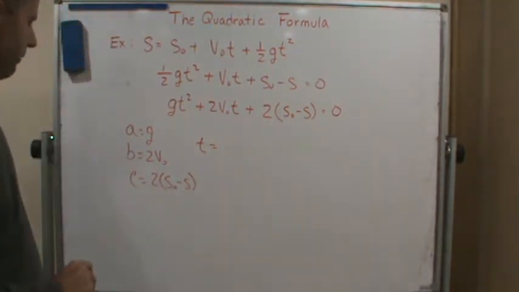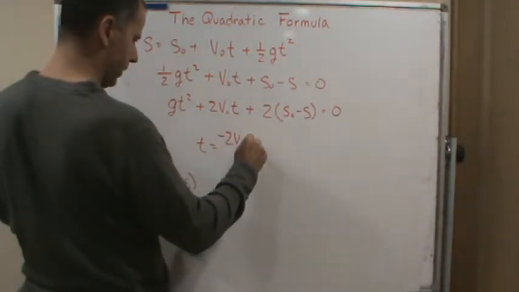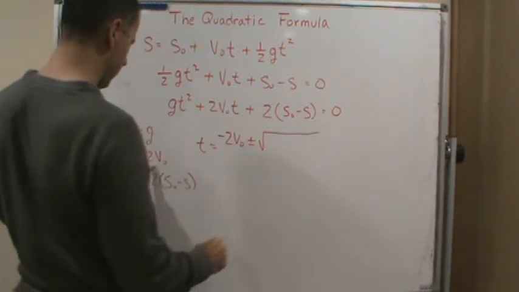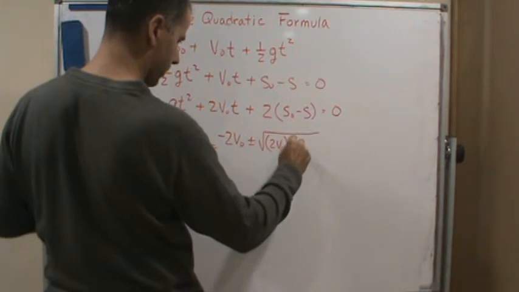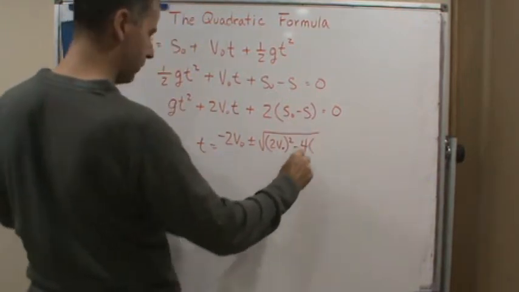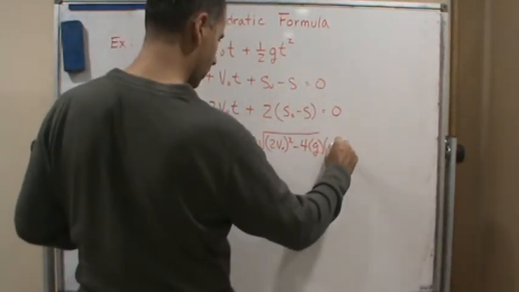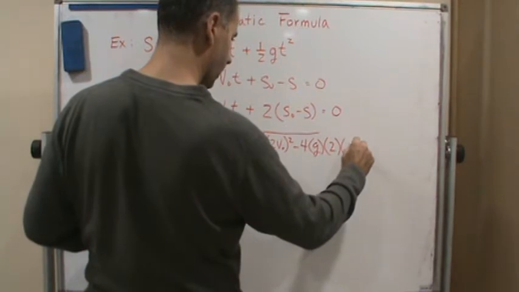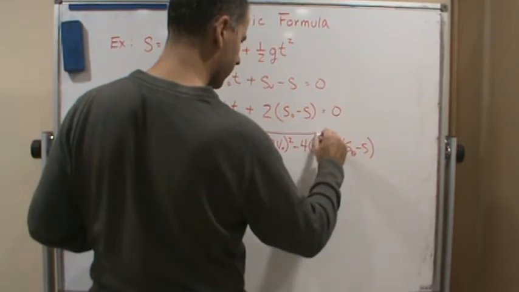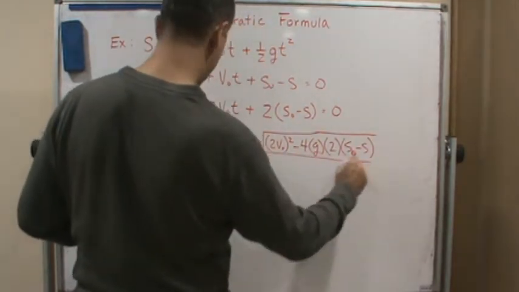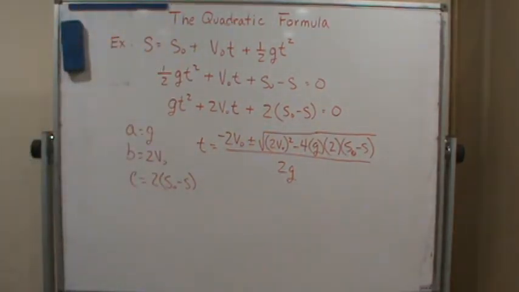That means we're going to have negative b, so negative 2 v0 plus or minus the square root of b squared minus 4 times a, which is g, times c, which is 2 times s0 minus s, over 2 times a, which is going to be 2g.